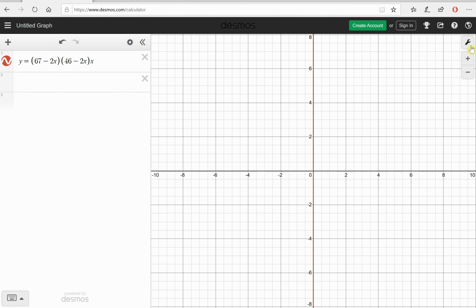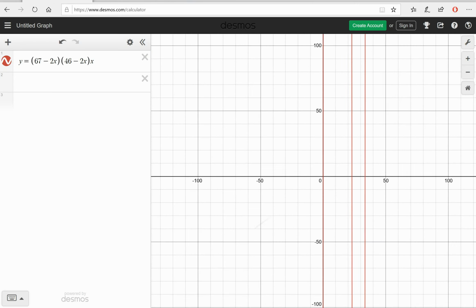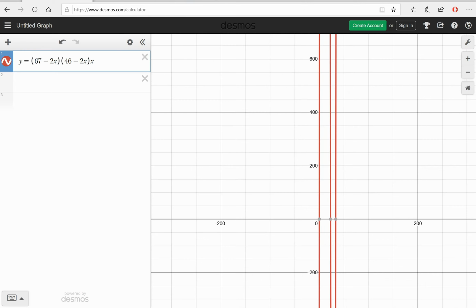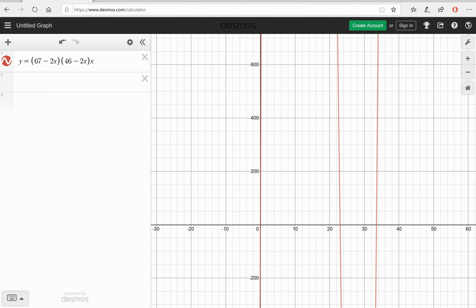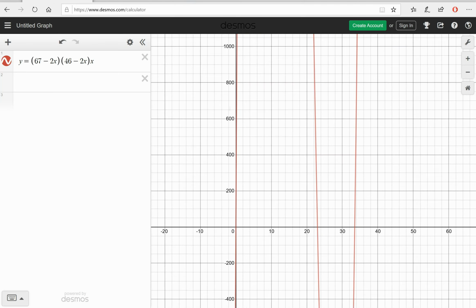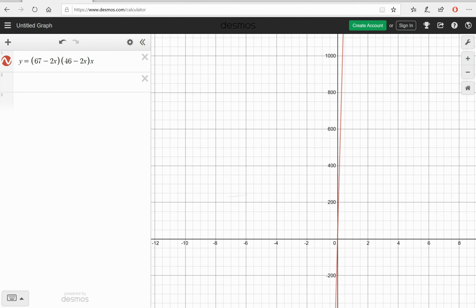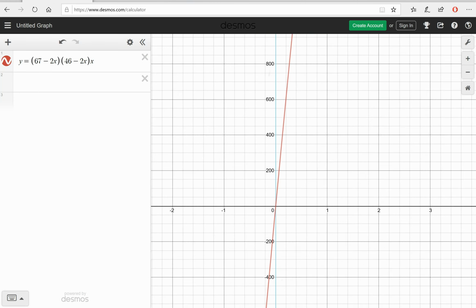And then I am going to change the settings of the graph. As you can see, that's not what it should look like. We can zoom out a little bit, and then zoom in.